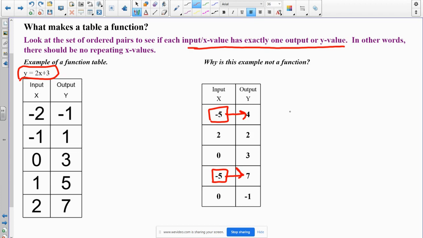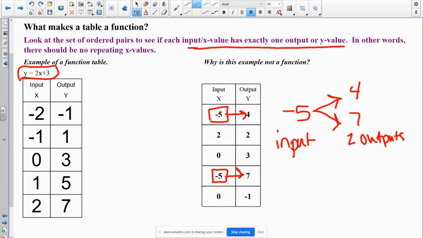If I visualize that in a table, my input here is -5, my output is 4, and my output is 7. That is not a function because this one input of -5 had 2 outputs.